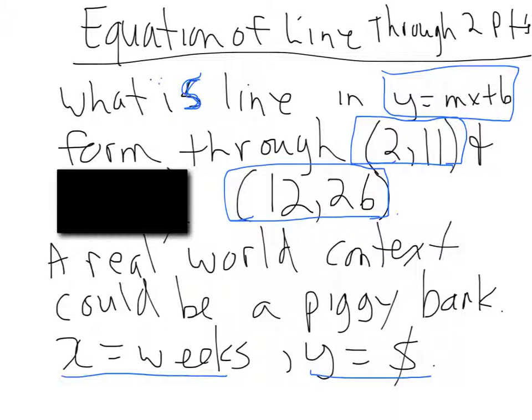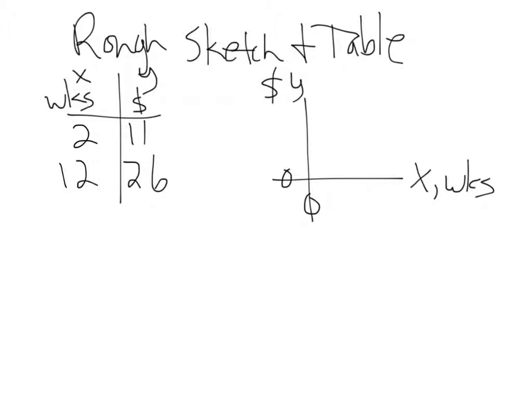And in terms of understanding the question, what we need to do is maybe look at a table or a graph. Let's go to the next screen. So we said after 2 weeks we had $11, and after 12 weeks we had $26. So what we want to do is get our differences. We'll do that in a minute. But let's make a scatter plot of this.